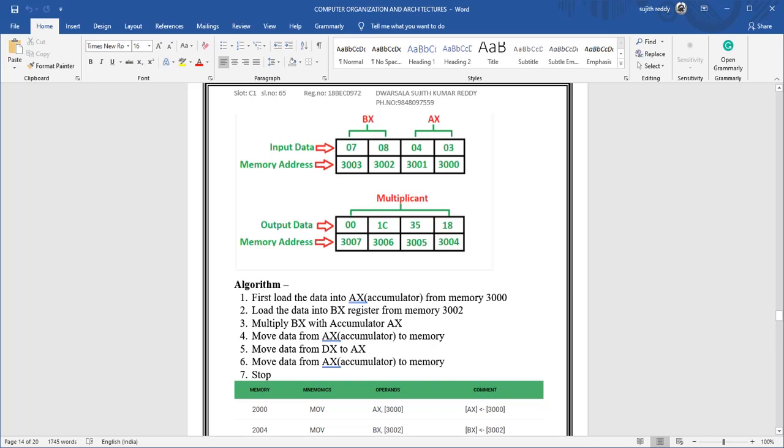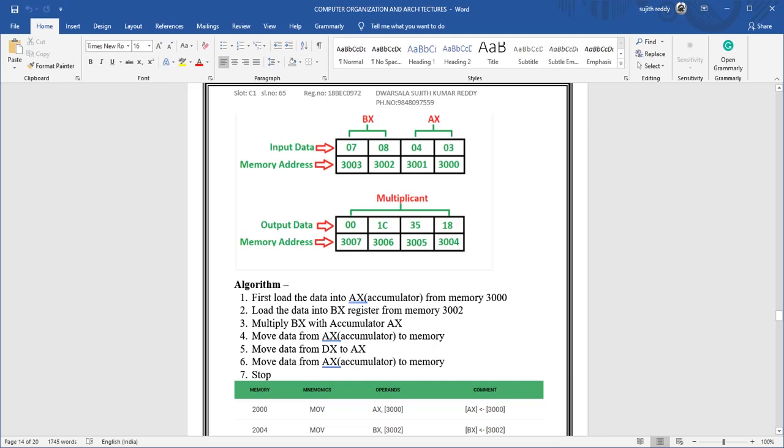Here you can see that it is stored in 3000, 3001, 3002, 3003 accordingly. Move data from AX to memory, move data from DX to AX, move data from AX to memory, and stop. So this is how it works.